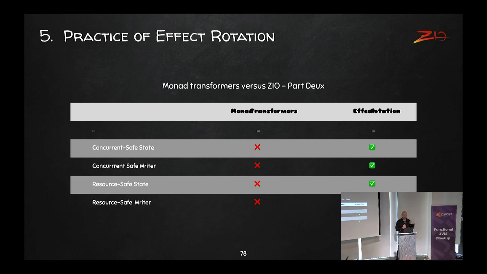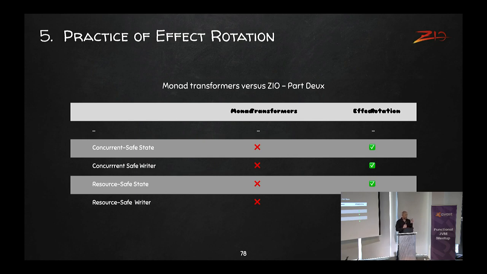Not only have we gained the ability to model this God monad put together by the 5-layer stack of monad transformers, along with all these other benefits, but in modeling state and writer using ref threaded in the environment, remember ref is concurrence safe.